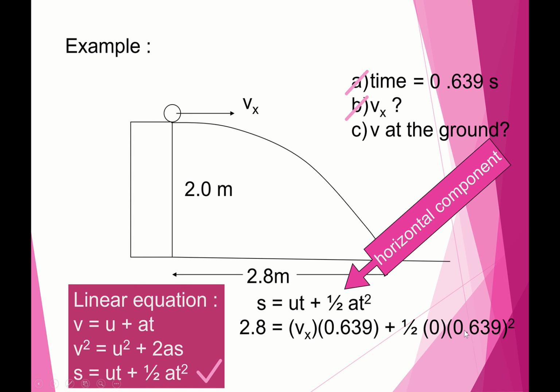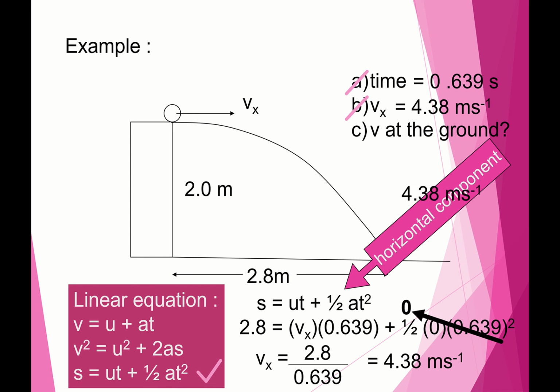So the term here is equal to 0. The equation becomes Vx equals 2.8 over 0.639. The answer is 4.38 meters per second. Okay, done for question B. Vx equals 4.38 meters per second.